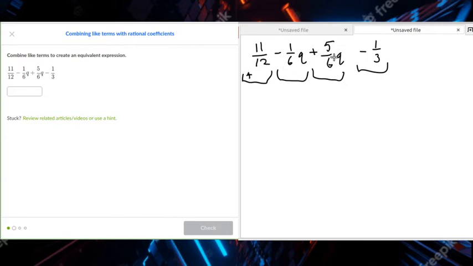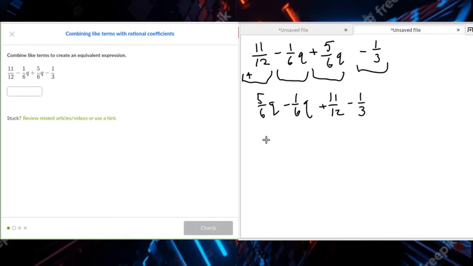I'm going to move the q's up front. I'm going to start out with this 5/6 q, and there's kind of an invisible plus on the front, minus 1/6 q. And then I'm going to move this one over here, plus 11/12 and minus 1/3.